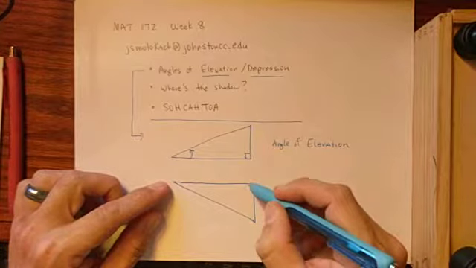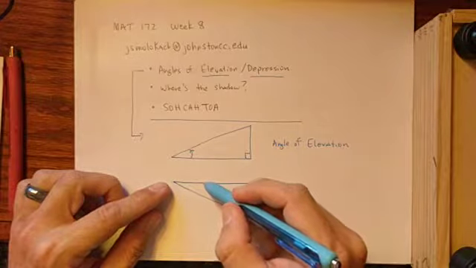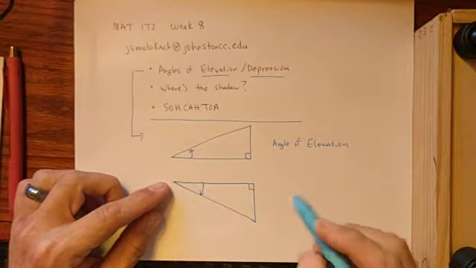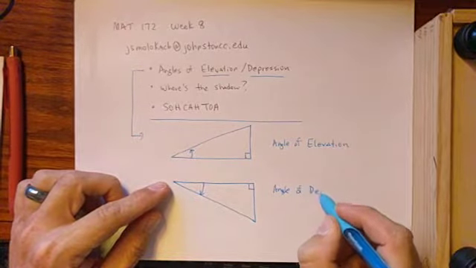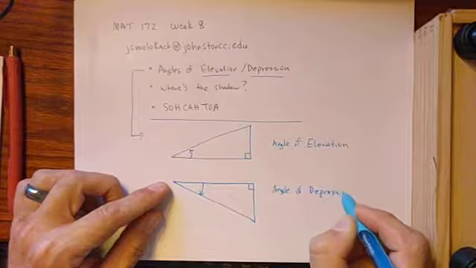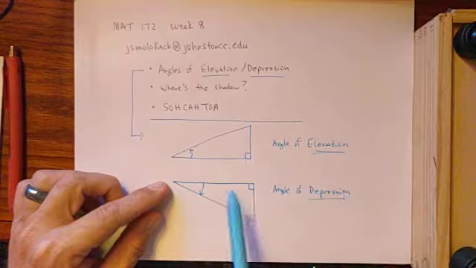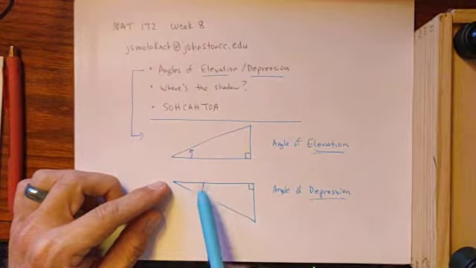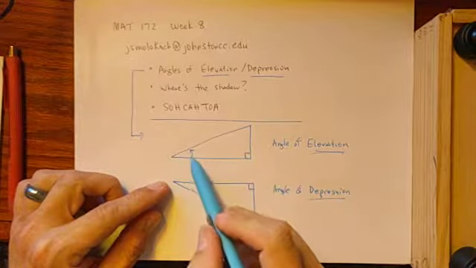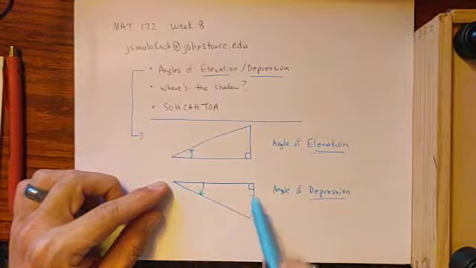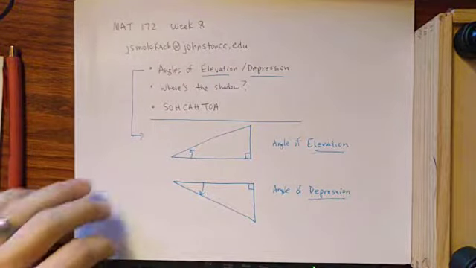So if it's oriented like this, the angle is being drawn starting from the horizontal and then going downward to the hypotenuse, and so this would be called an angle of depression. Okay, so I would take special note of these words in word problems, and if I saw that, I would definitely draw the angle theta, x, alpha, whatever they call it, in these positions, in these diagrams. Okay, so that's what an angle of elevation or depression is.